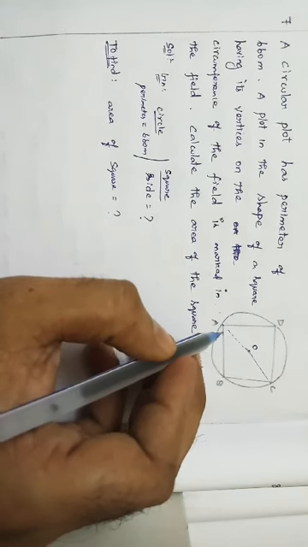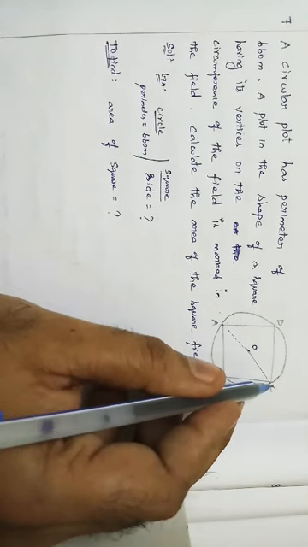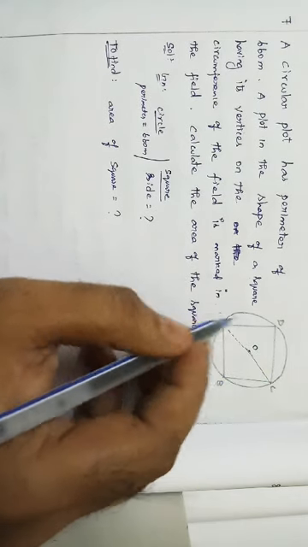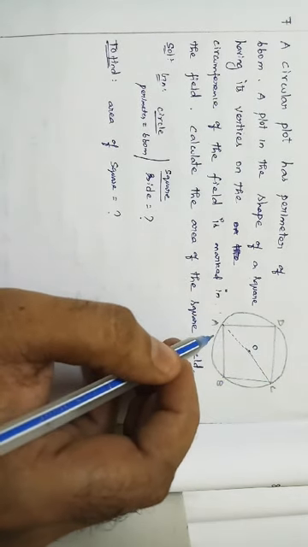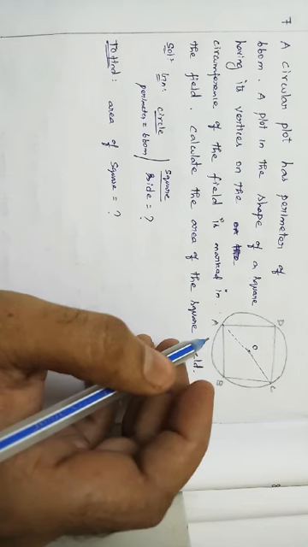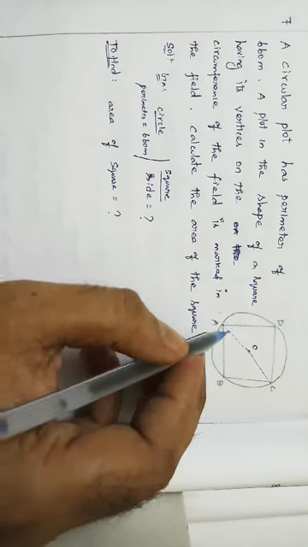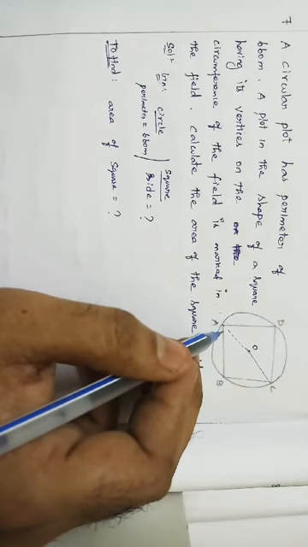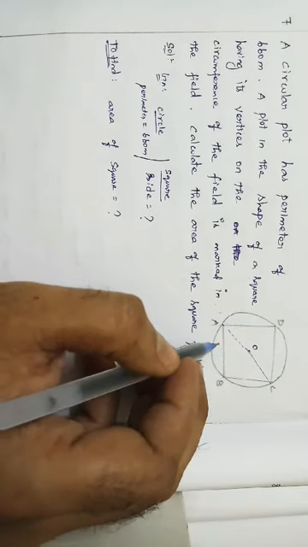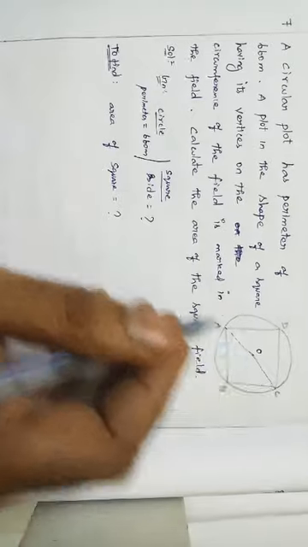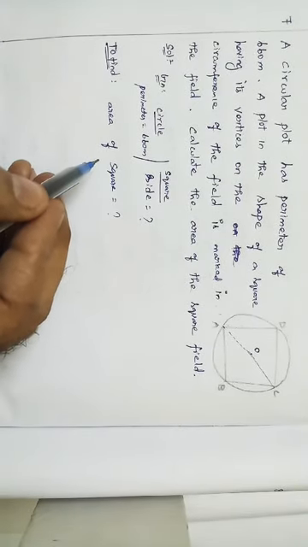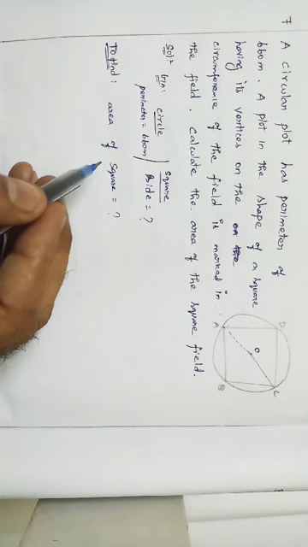See, there is a link: the diameter of a circle is equal to the diagonal of a square. Once we know the side of the square, then we can find the area of the square, right? So first, one by one, we are going to find.